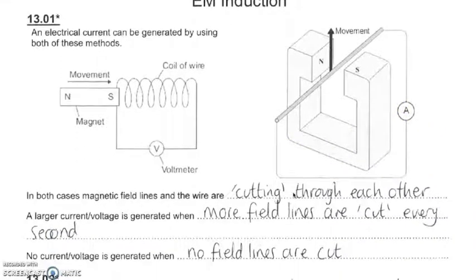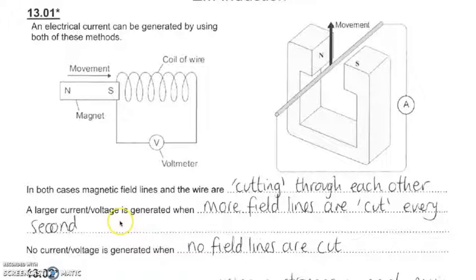So what is actually happening? Well, in both cases, magnetic field lines and the wire are cutting through each other. Essentially the wire is interacting with the magnetic field lines from the magnet. We say they cut through each other, and that generates an electric current and a voltage.